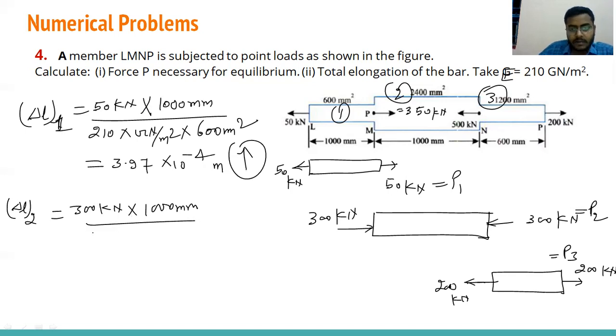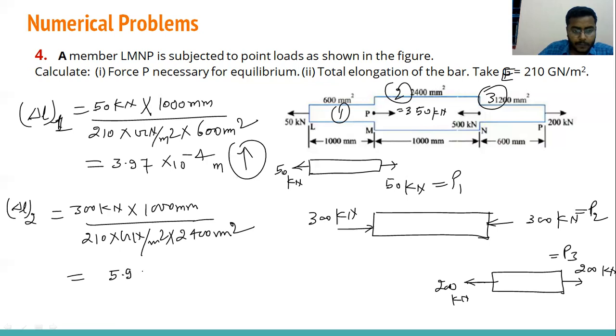Then 210 GN. Then cross section area is given for the middle one, that is 2400. In terms of meter, you will get this value 5.954 meter. It got decreased because there is a pushing force.